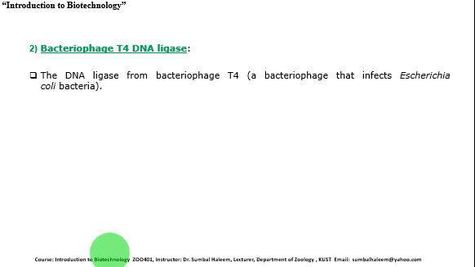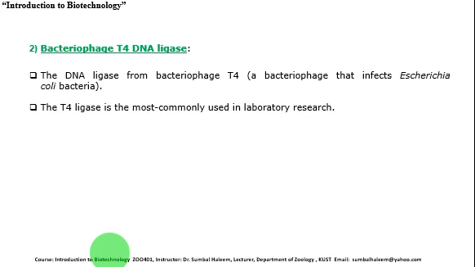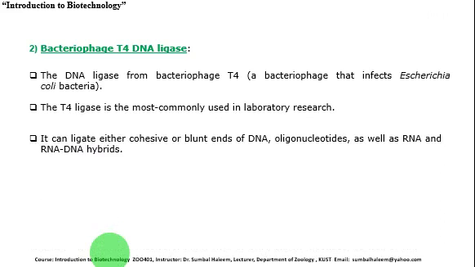Another important type of DNA ligase is the bacteriophage T4 DNA ligase, which is extracted from bacteriophage T4, the bacteriophage that infects E. coli bacteria. The T4 ligase is the most commonly used in the laboratory, and it can ligate cohesive ends as well as blunt ends of DNA, and it can also ligate RNA and RNA-DNA hybrids.